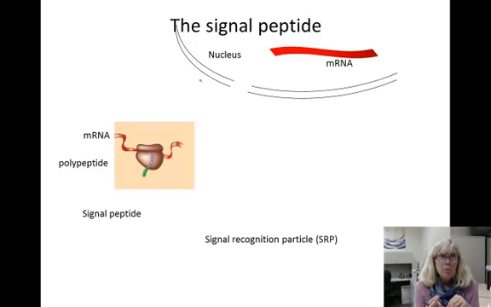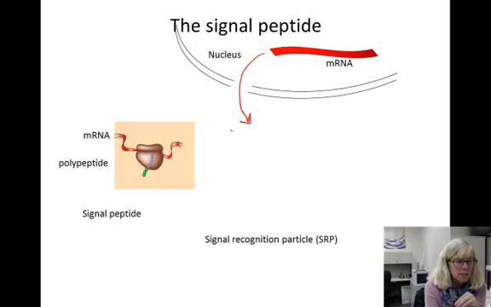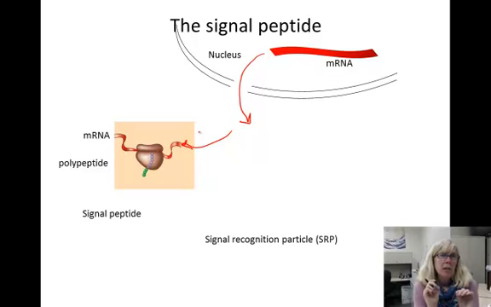Insulin is a small protein hormone that's used in digestion. The mRNA for this protein is transcribed in the nucleus, exits the nucleus through a nuclear pore, meets up with a ribosome, and translation begins. The first 20 or so amino acids emerge from the ribosome, and they're a special series of amino acids called a signal peptide that usually has a lot of hydrophobic amino acids in it.